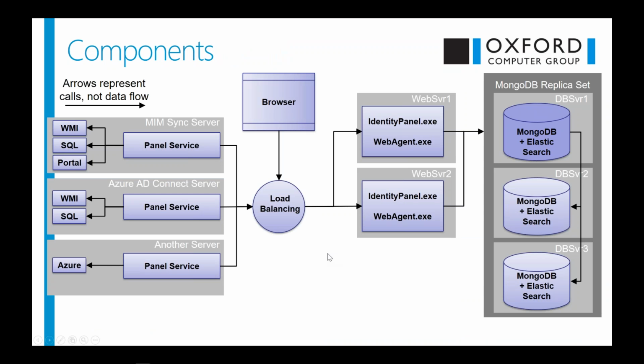Just to give you the idea that it can be a lot more complicated. I mean, obviously you wouldn't normally have everything crammed into one server. It's perfectly capable of running on lots of different systems for different purposes. So we might be monitoring Azure AD Connect on one server, and we might be monitoring Azure through another server, and MIM Sync through another server.